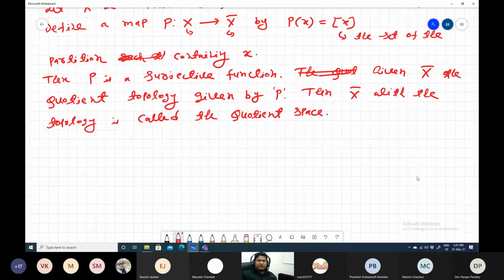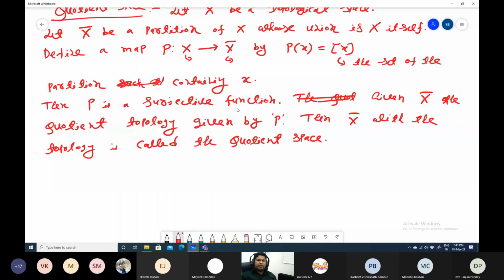And then, since it is a surjective function and we have seen that every surjective function generates a unique quotient topology, we give it that unique quotient topology, and then we call it the quotient space.